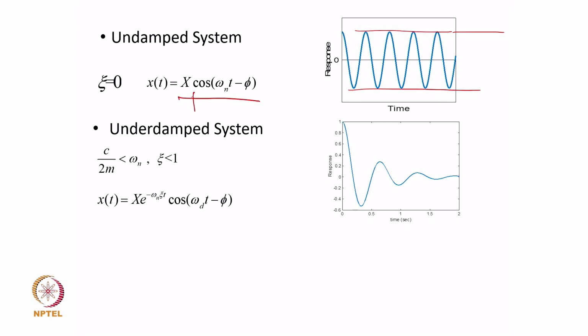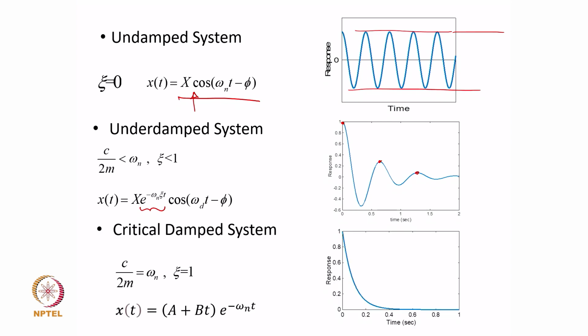The exponential term is clearly missing here, whereas the underdamped system will have this exponential term as a part of the response expression, which ensures that the amplitude value keeps reducing as time progresses. And of course, the overdamped system, and the critically damped system, will have no oscillations in their response, and the expressions are given as you see.